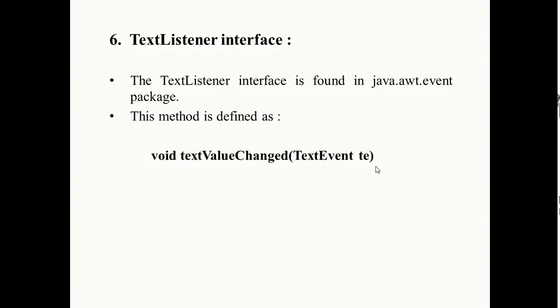So mainly the text listener interface is used when the value in the text field or the text area is entered or edited. Any text event related methods are present in the text listener interface. See one example of the text listener interface.